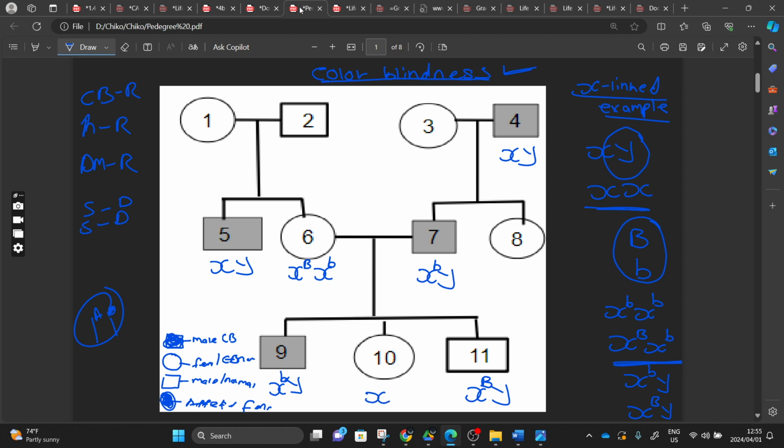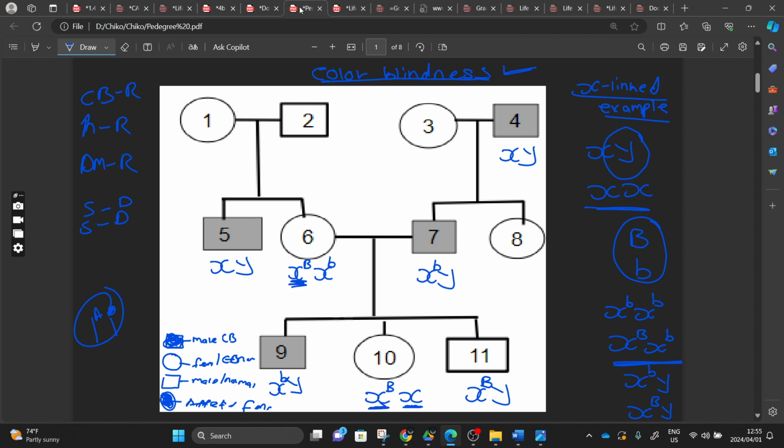And then we have a sister here, number 10, and she's free. She's not affected, right? So now the question is, is she a carrier or is she homozygous normal? There's a possibility she got this X capital B from the mother here.